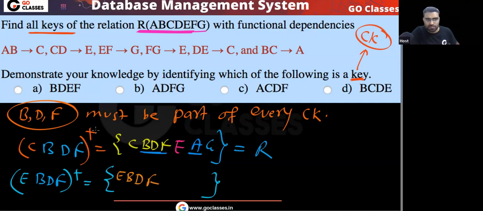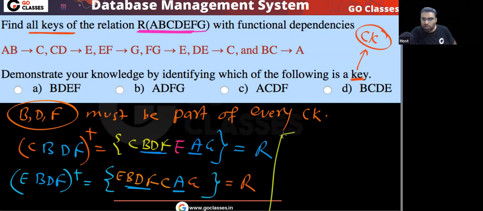This D can give me C. Now notice, this BC can give me A. Now this BDFA can give me everything, right? Is this clear? Please tell me. So again, you got everything.